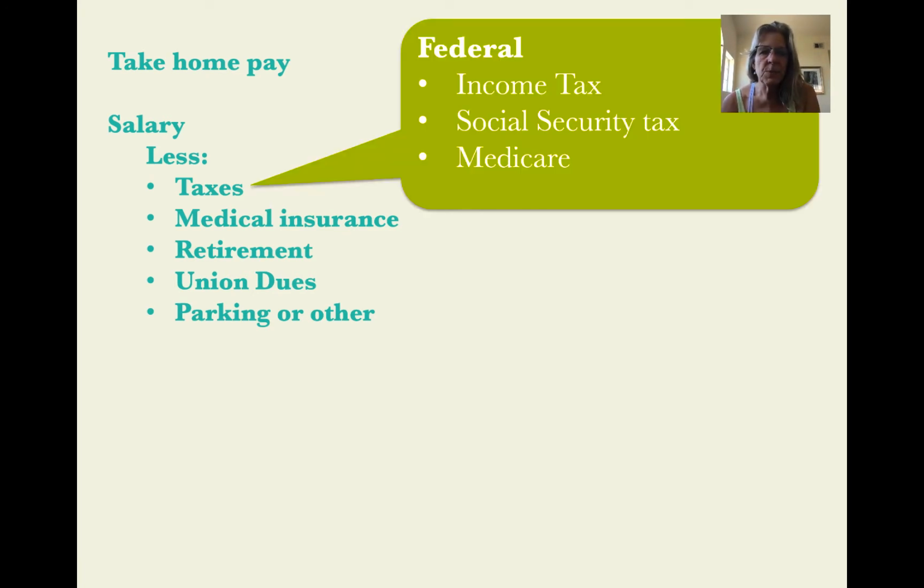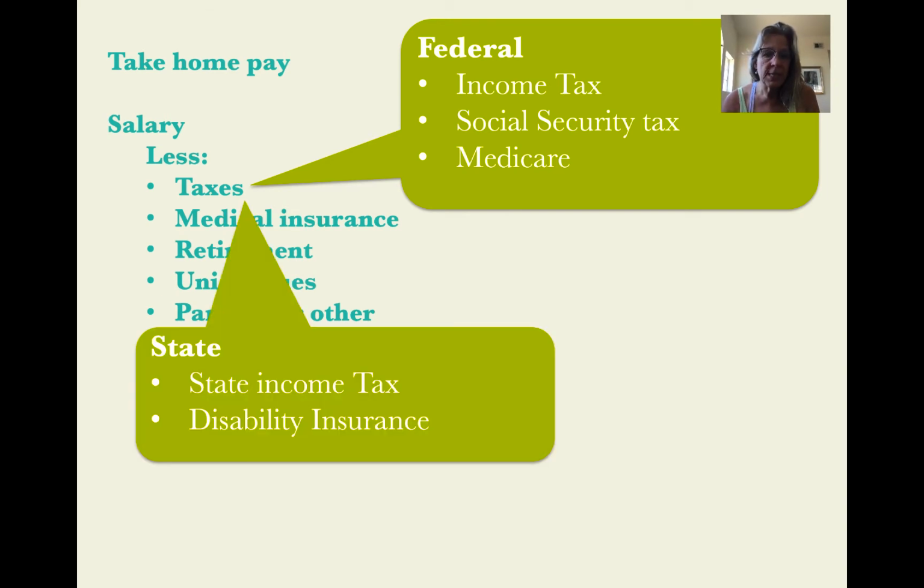The first things we want to talk about are federal taxes. The first is income tax, the second is Social Security tax, and the third is Medicare. There are also state taxes. In this case, we have state income tax and disability insurance.